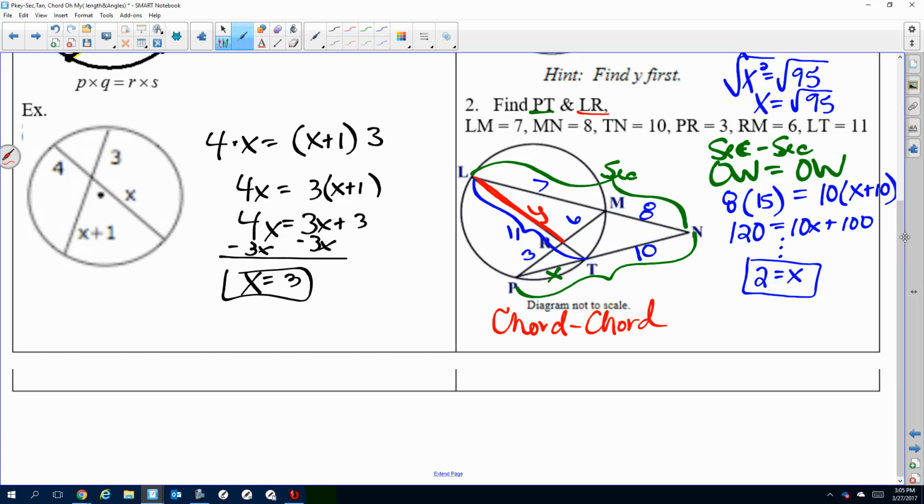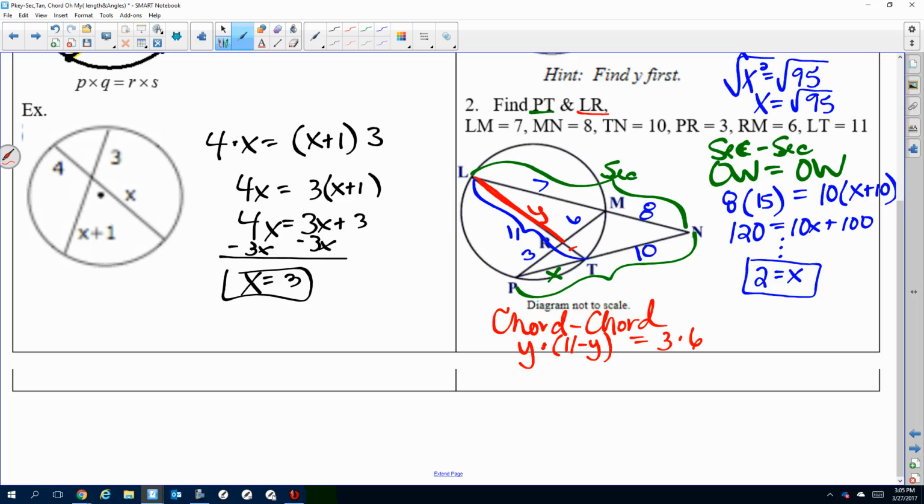LR here is y. So what would this little piece that remains be? Because we have to do part times part. 11 minus y gives me the remaining part, because we know the whole chord is 11. That's going to equal the product of the parts of the intersecting chord, which would be PM. So we can do 3 times 6.